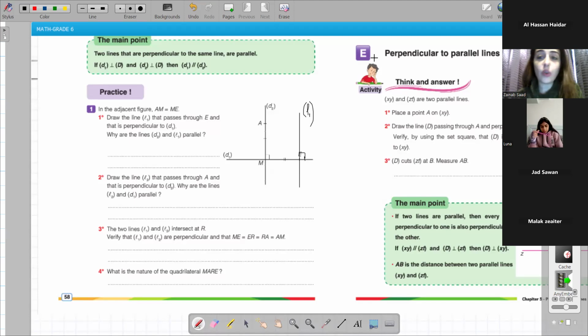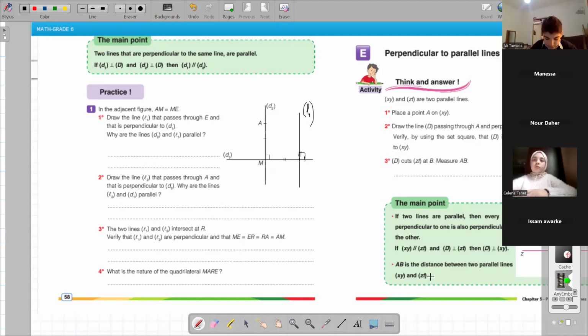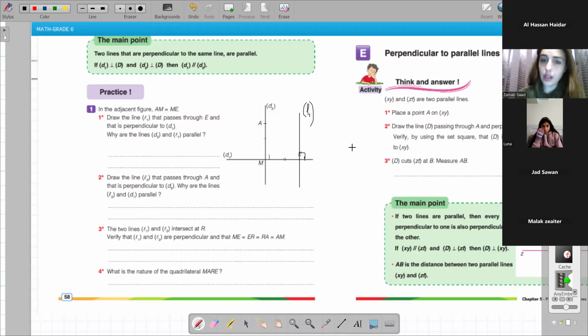Did you hear the rule when we were talking about it, or were you outside the meeting? I went outside the meeting. Hassan, we said already that when we have two lines that are perpendicular to the same third line, then they are parallel together. Here, as you can see, D2 is perpendicular to which line? D1. Okay, so D2 is perpendicular to D1.